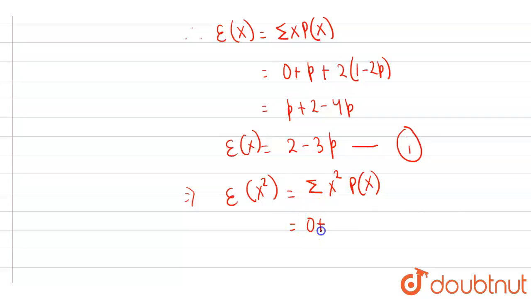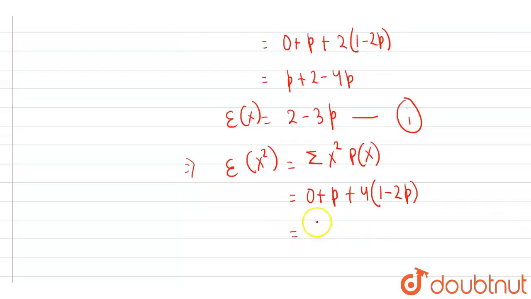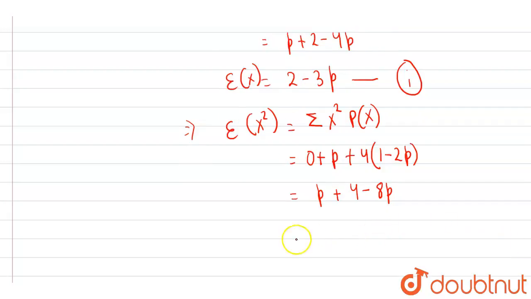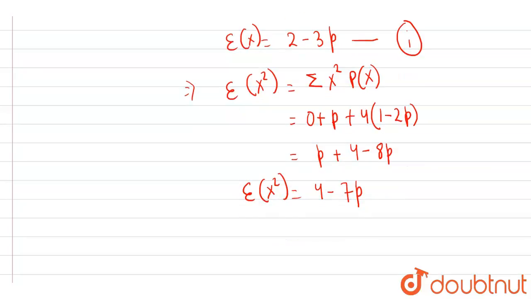Then 1 square is 1, and 1 into p is p. Then 2 square is 4, and 4 into 1 minus 2p. We open the bracket and we get p and 4 minus 8p, so we can simplify it to 4 minus 7p. So this is our E of x square.